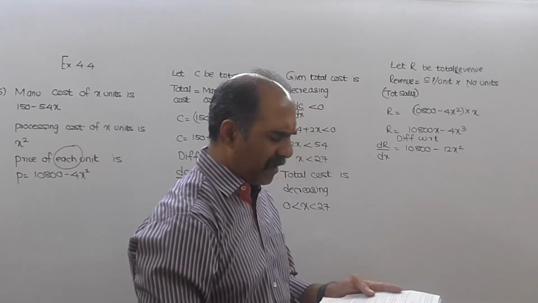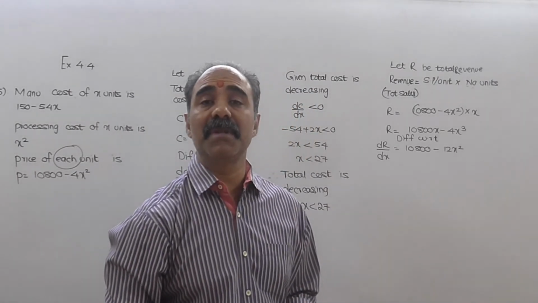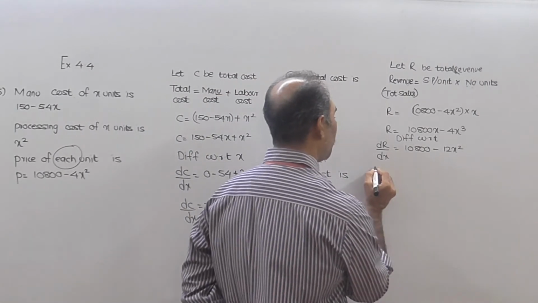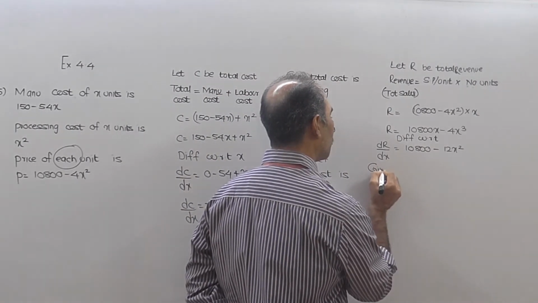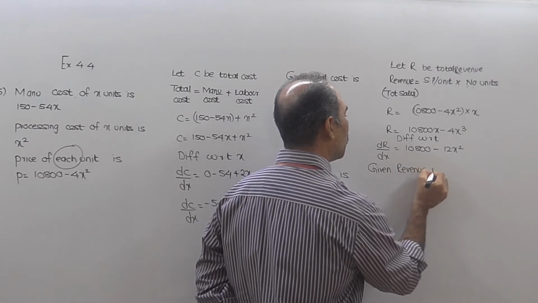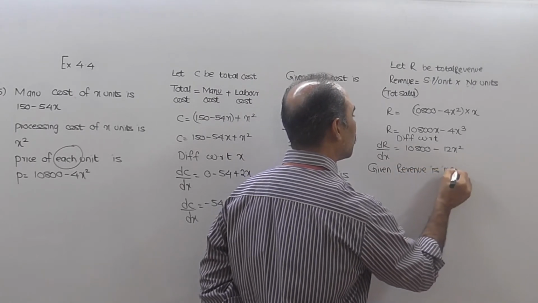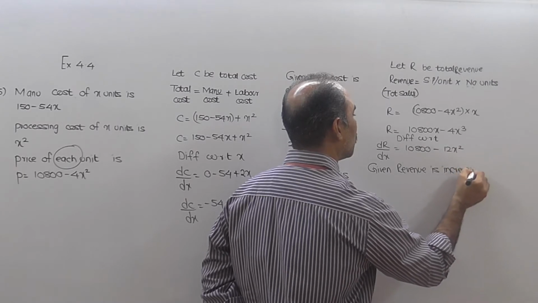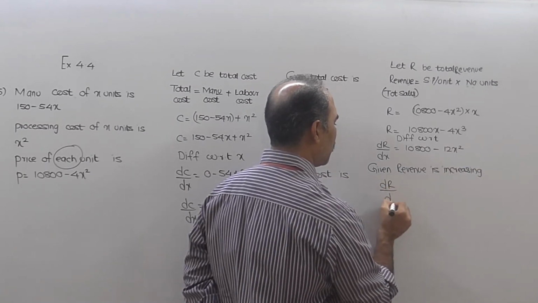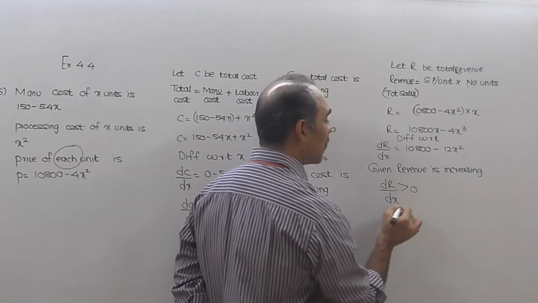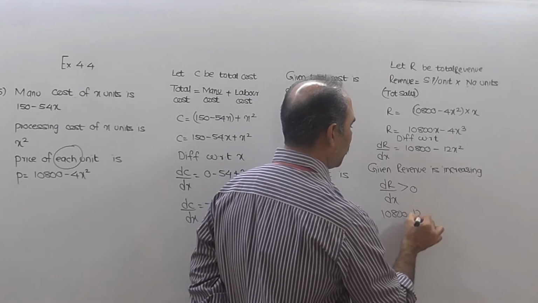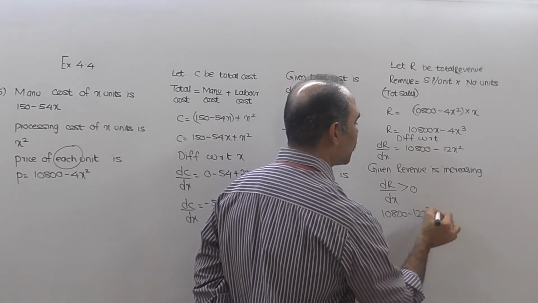Now the question emphasizes that find x for which the revenue is increasing. Find x for which the revenue is increasing means given revenue is increasing, and again you will have dR upon dx is greater than 0. So you will have 10,800 minus 12x square is greater than 0.